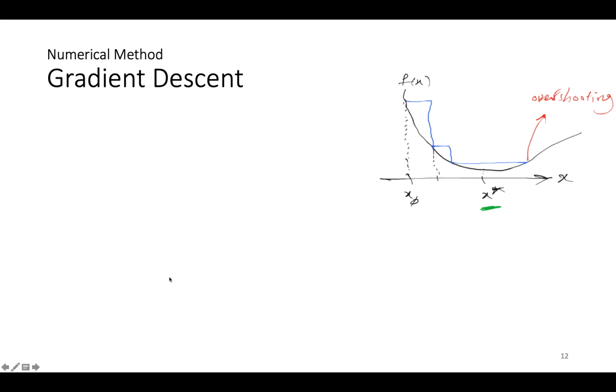So now, say this is our function f of x. We're starting here, x0, and we are trying to go towards our x star. Okay? This blue line shows our step size, right? Here, for instance, we picked a bigger step size.